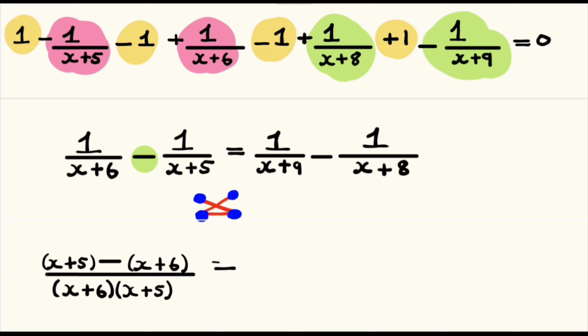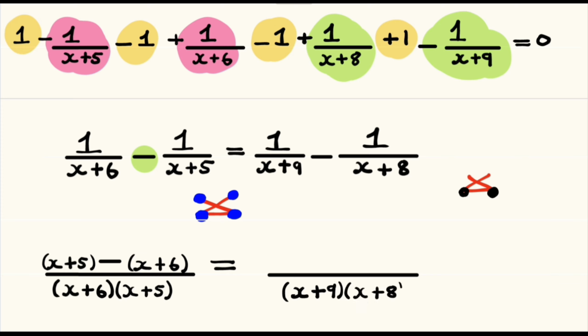On the right side, we also take the LCD, which will be equal x plus 9 multiplied by x plus 8. 1 multiplied by x plus 8 is equal x plus 8, and our middle sign will be negative, and 1 multiplied by x plus 9 will be equal x plus 9.